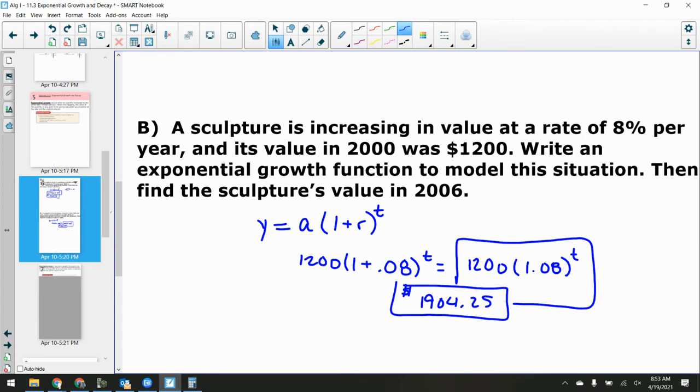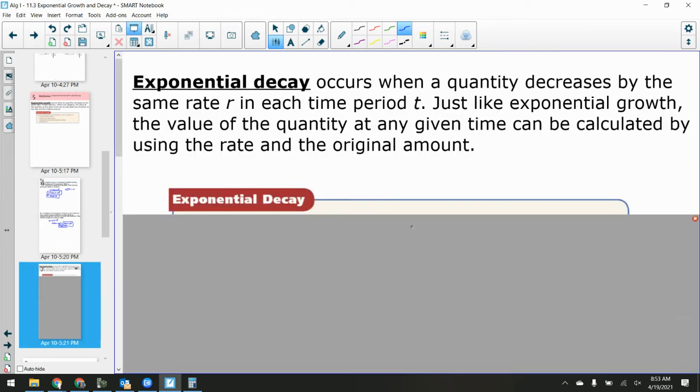Not too bad, right? The only difference between the exponential growth function and the exponential decay function is that one is going to increase and the other is going to decrease. Instead of a base bigger than 1, it's going to be less than 1.